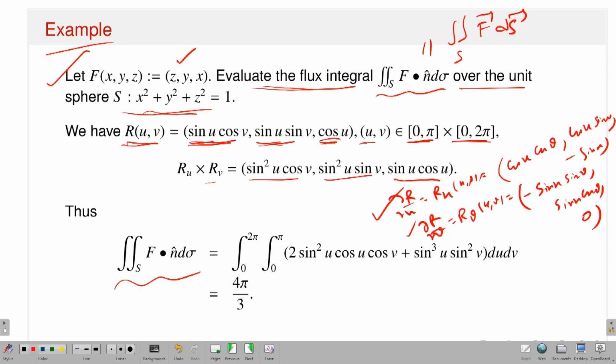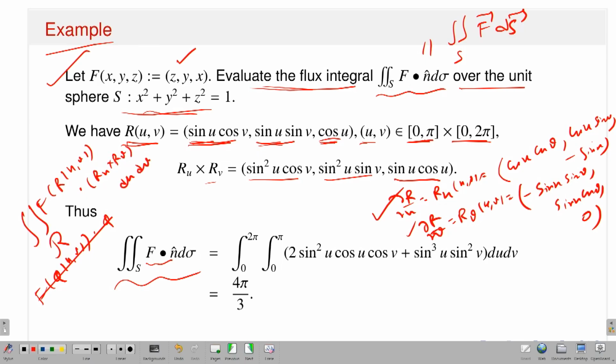Now my corresponding flux integral, or vector surface integral of my vector field F over the smooth surface, is nothing but the scalar surface integral of the normal component of F, that is F dot n cap over S. Changing it to the corresponding formula, it is F of R of u comma v dot product with Ru cross Rv times du dv, over the region R, which is 0 to pi cross 0 to 2 pi.